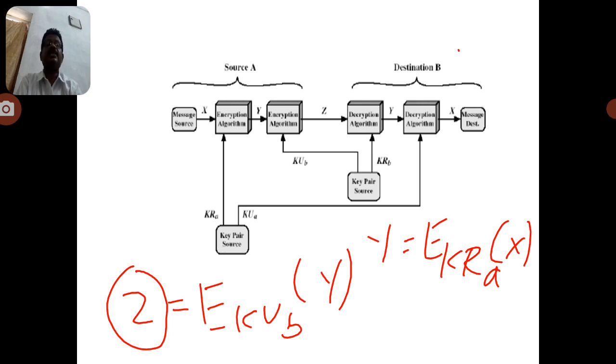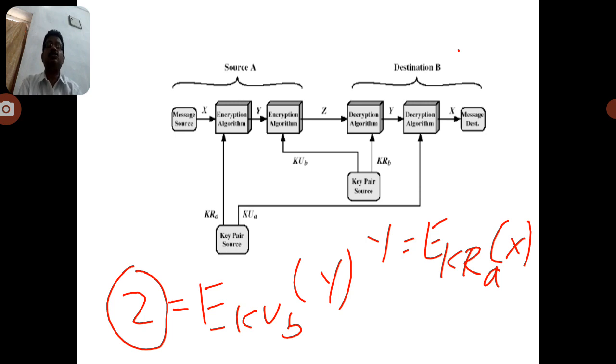These two keys are interrelated with the help of mathematical concepts like Fermat's theorem, Euler's theorem, and other related concepts, which implement public key cryptography. This is the main theme of public key cryptography.